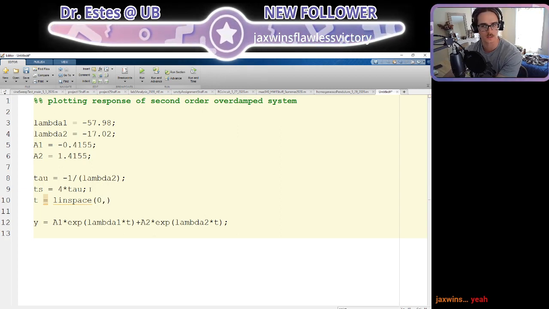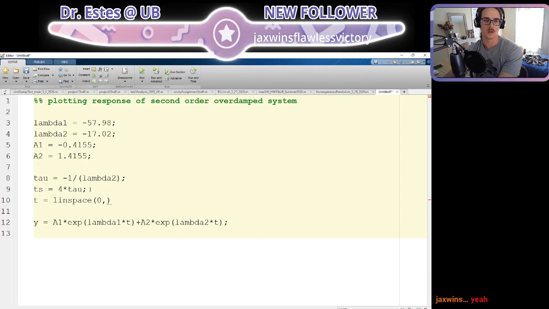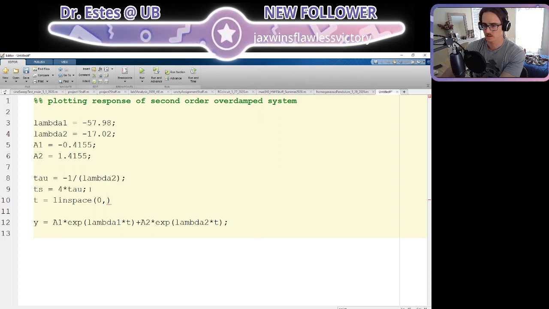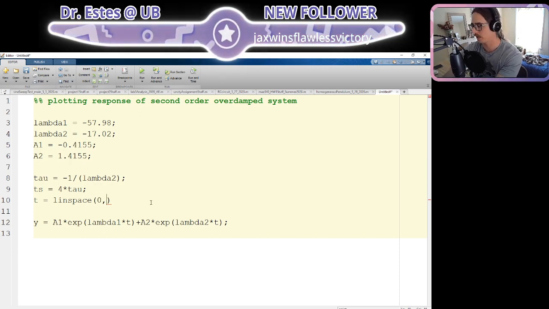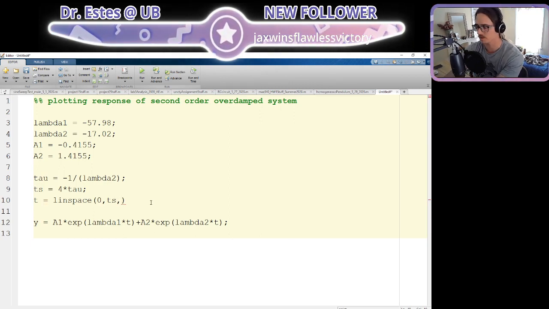If you haven't used the command linspace before, you define the number where you want to start, 0, the number where we want to end. How about we end at the settling time? And then you tell it the number of points that you want to generate in between. Let's do like 100 points.